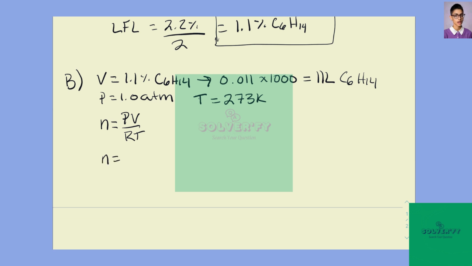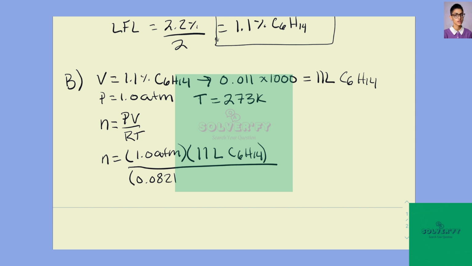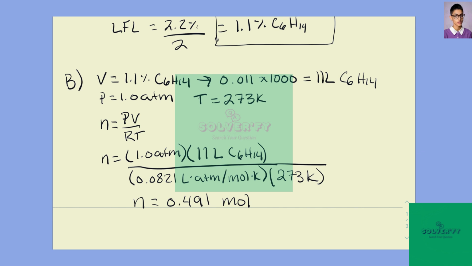So n is going to be equal to 1.0 atmospheres times our 11 liters of hexane, divided by the R value, 0.0821 liters atmosphere per mole Kelvin, and then we're also going to times that by our 273 Kelvin. When we calculate this out, we're going to get 0.491 moles of our hexane.